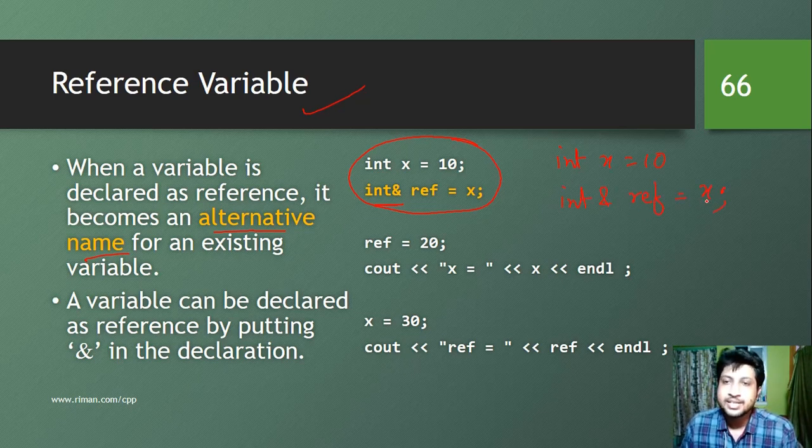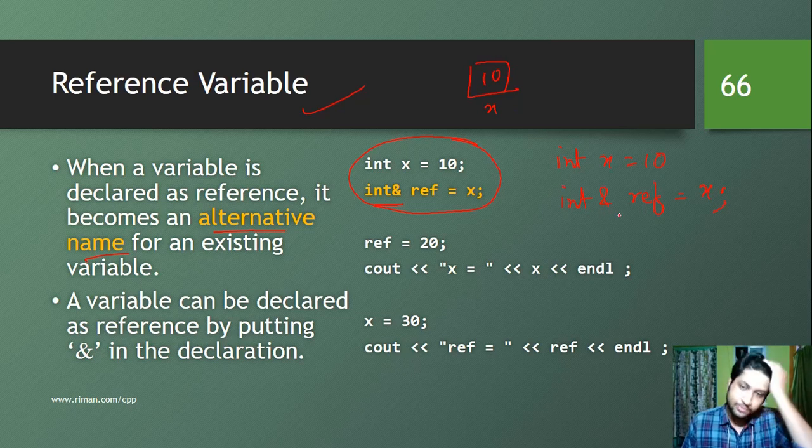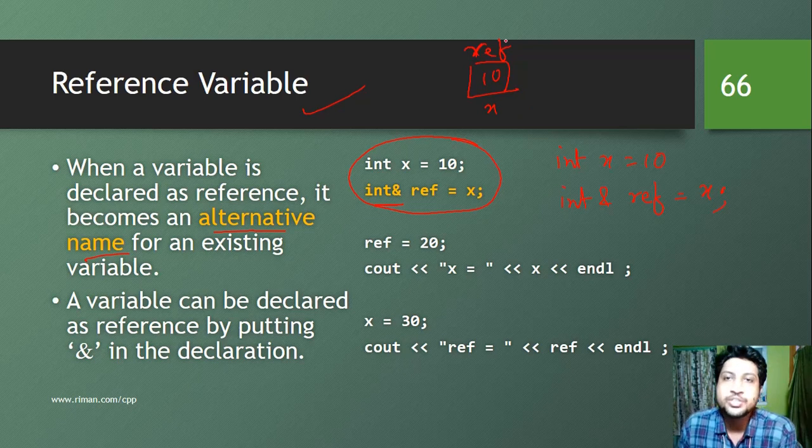So that means in memory we have x as 10, and when we create a reference to this particular x, it actually creates an alias of this variable. So whatever changes you make to ref will be reflected in x, and whatever changes we make to x will be reflected in ref. Please follow this example.